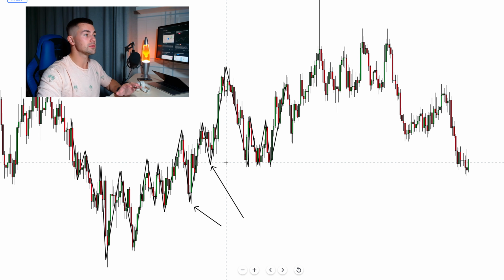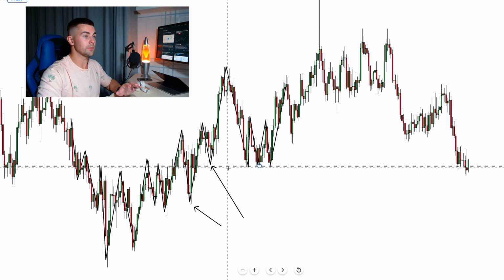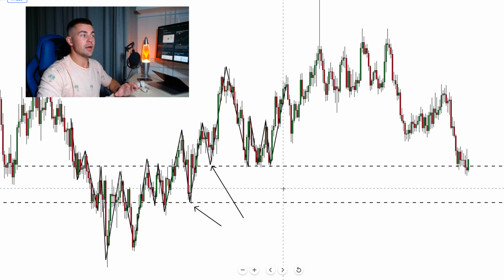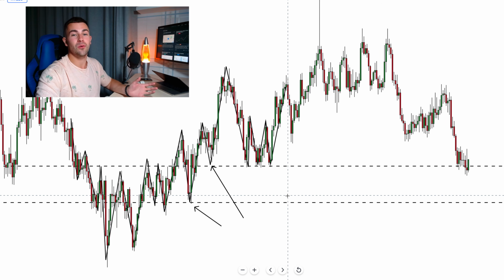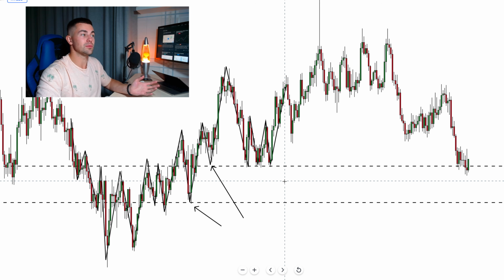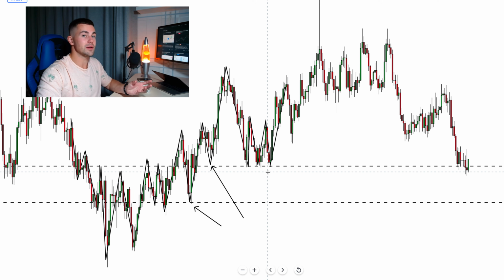So our key structure is right here, and our next structure is right here, and in between we don't have any structure anymore. Yes, in between we have just the so-called no man's land. Yes, the market participants do not respect the key levels between these two levels anymore.